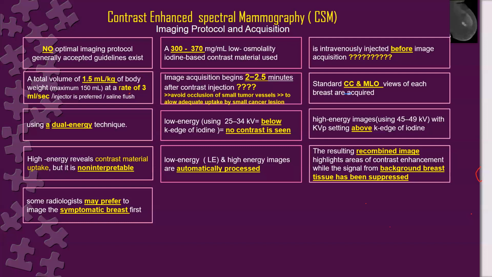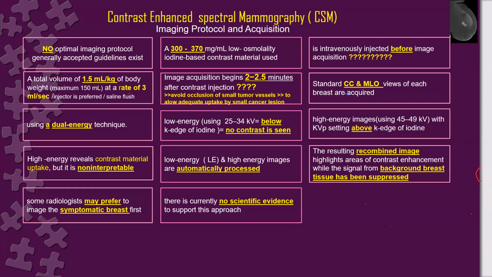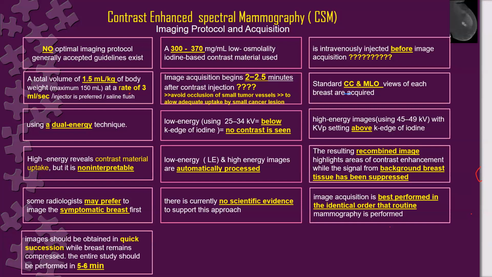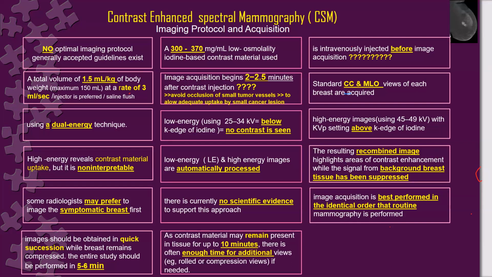Some radiologists prefer to start with the symptomatic breast, but there is no scientific evidence supporting this approach, and it is preferable to do it in the same order as mammography. The images should be obtained in quick succession, preferably within 6 maximum minutes.